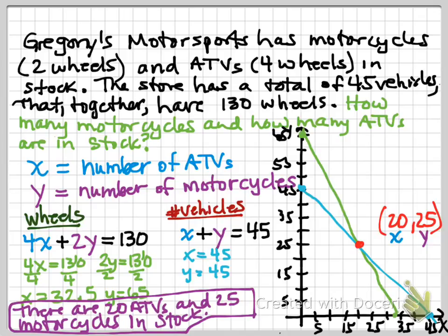How many more cats than dogs? And then you could have animals where one has 2 legs and one has 4 legs. So you might have a chicken and a cow problem. And then you could have problems that deal with 2 people of different ages, so that you can create an equation out of that. So there's a lot of different scenarios that you guys are going to be seeing on your homework.